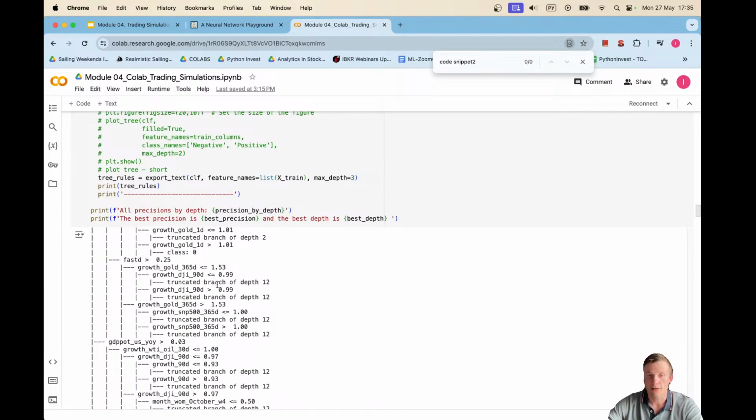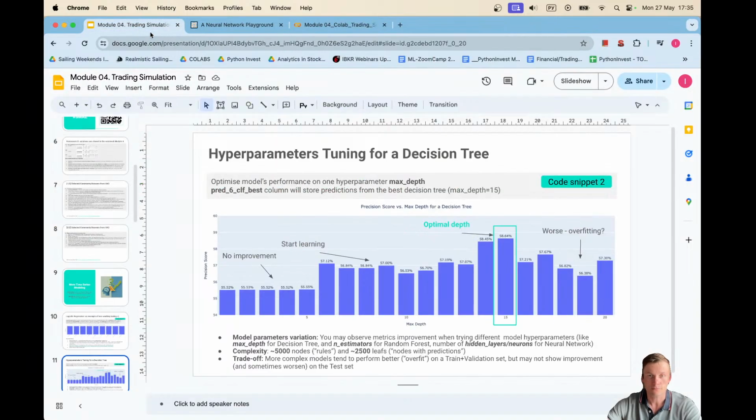Sometimes it can be a sub-branch of depth 12. That means that you need to go through 12 more rules to get the final answer, whether you predict 0 or 1. And the tree can become very, very big, and we can show the whole tree here on the graph.